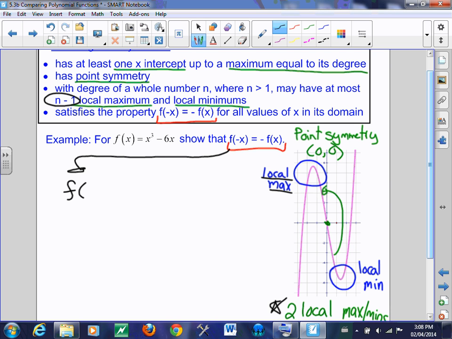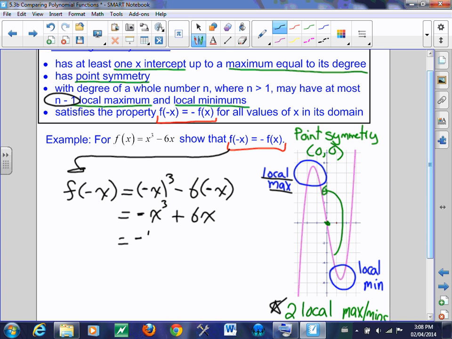So f at negative x equals, so all I'm doing is wherever I see an x, I'm making it negative x. So negative x cubed minus 6 times negative x. Let's do the mathematics. So when you take a negative and you cube it, it's still going to be negative. So it's going to be negative x cubed plus 6x. Now if we want to relate this to the original question, you take a negative 1 out.